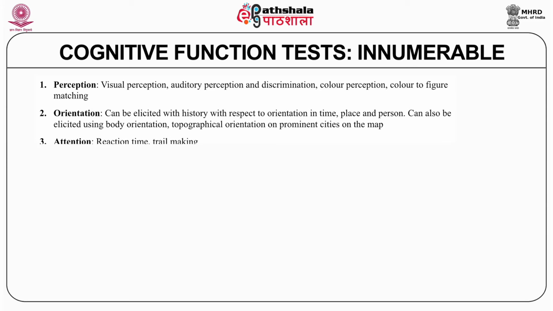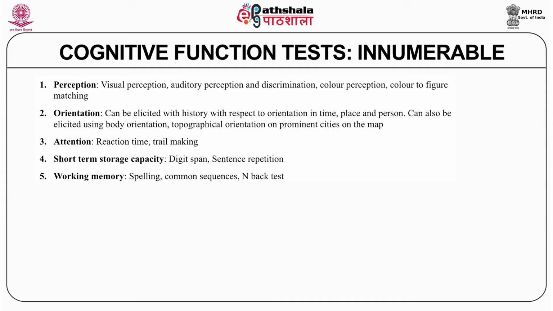Then attention can be judged through reaction time, trail making. The short-term storage capacity can be assessed through digit span, sentence repetition. Working memory can be assessed by giving a spelling or common sequences or N-back test. Interference can be assessed using Stroop.